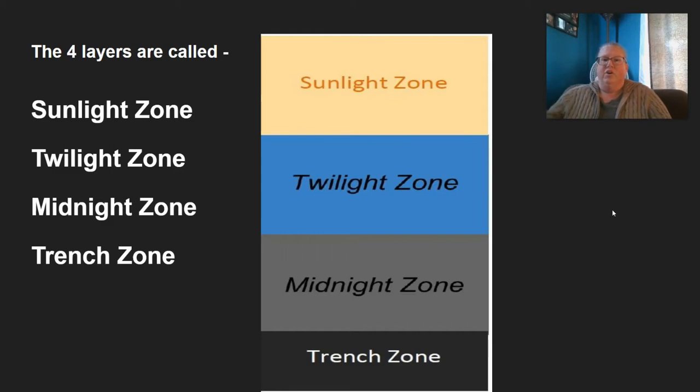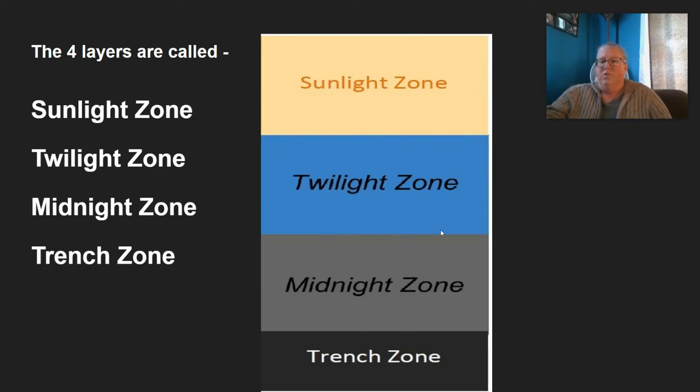These layers are called the sunlight zone, the twilight zone, the midnight zone, and the trench zone. Okay. Sunlight is where we primarily swim, where the fish we mostly know are up here. The sun can pass through here.